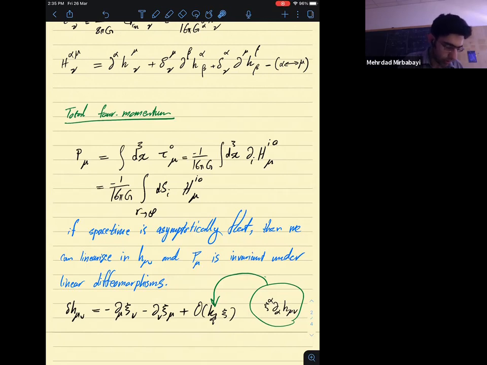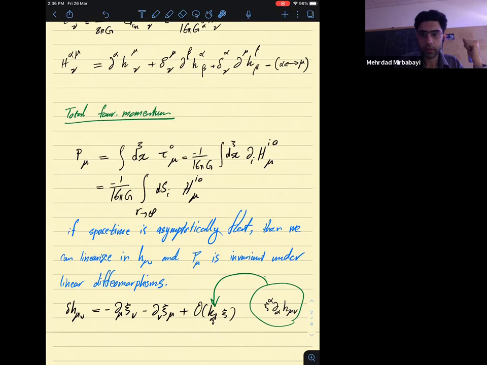To be more precise, let's say you want to do a Lorentz transformation. How does it look? An infinitesimal Lorentz transformation is like, for instance, t goes to t minus some small parameter times x, and x goes to x minus some small parameter times t. So if I want to identify xi, the parameter of the transformation in the case of Lorentz, that xi would be linear in the coordinates.